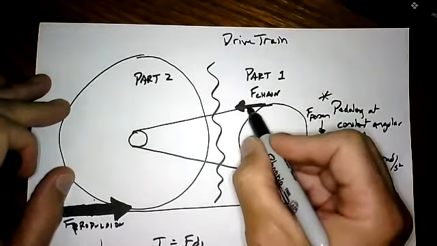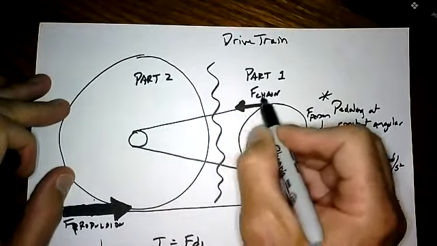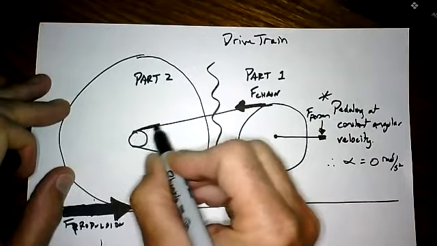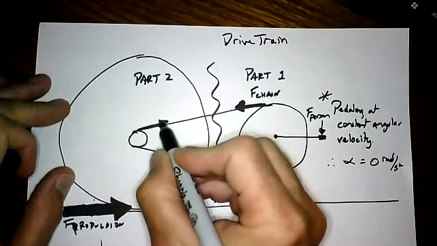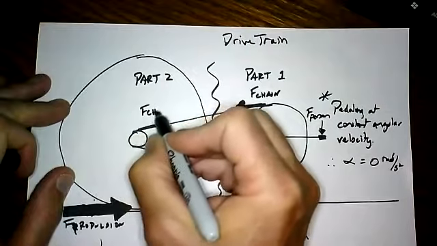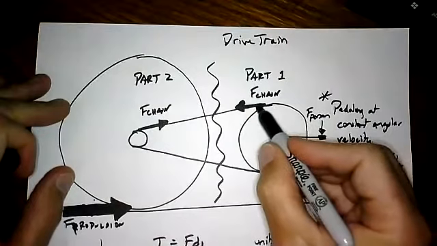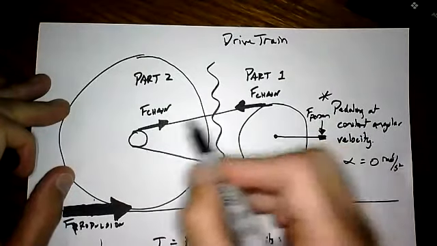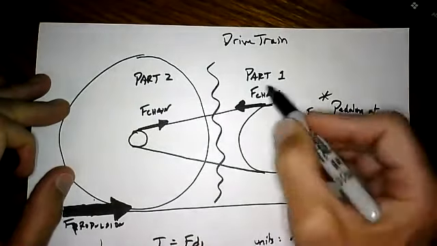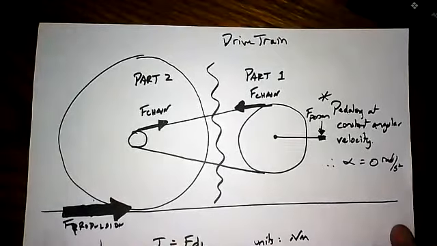We're going to figure out what that F chain is, and then in part 2, we're going to turn that force around to over here, which will be a force pulling on the rear cassette, and that is going to be the same magnitude, opposite direction, Newton's third law. The crank pulls on the chain, which is going to pull on the rear cassette. So we're going to do part 1, and then we're going to address part 2.